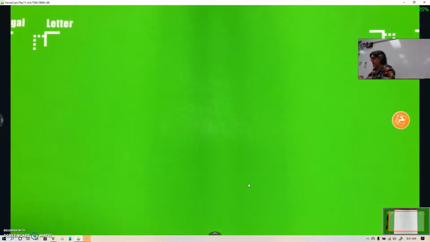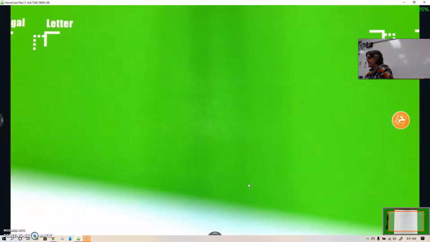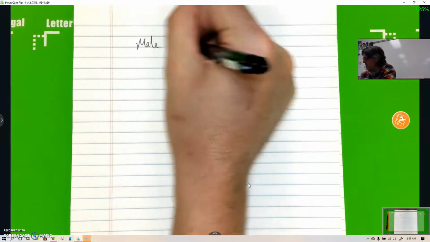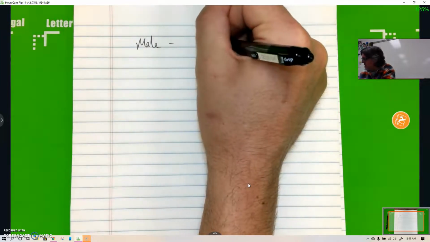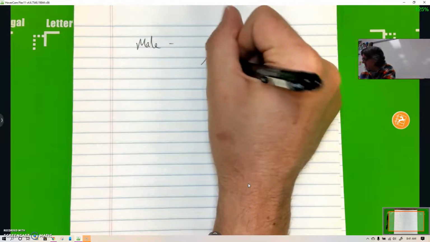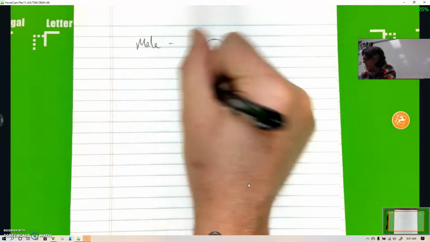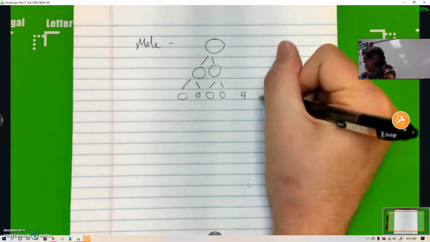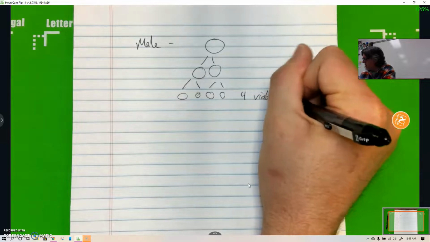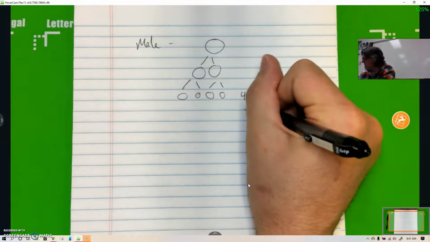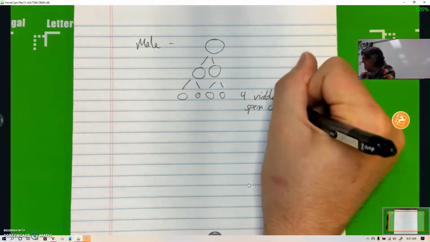Need a new piece of paper. In a male, you took one cell and you turn that into 4 viable, meaning they all work, 4 viable sperm cells.